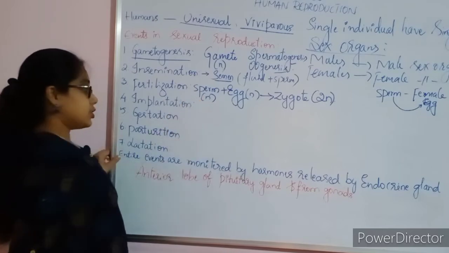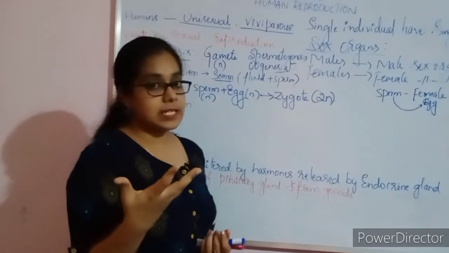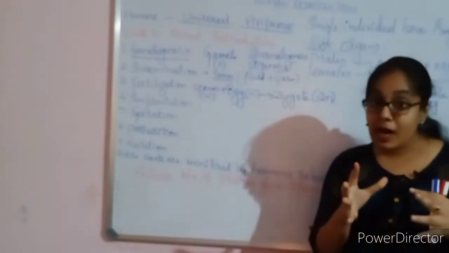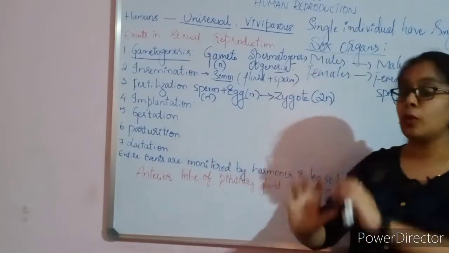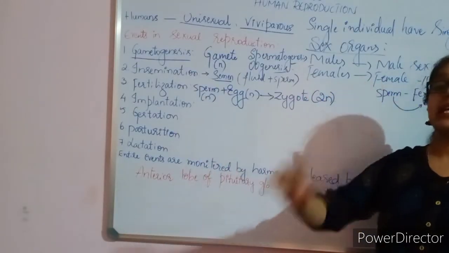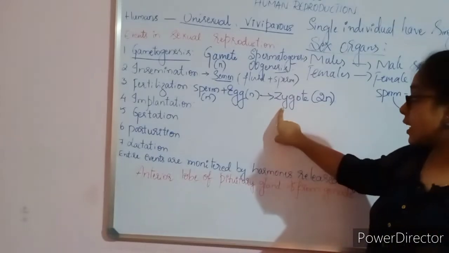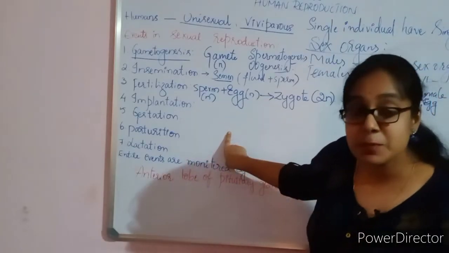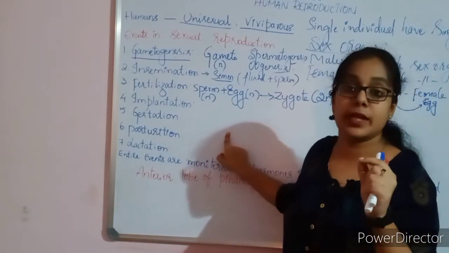Coming to implantation. Now, the fertilization process has been completed. Zygote formation is also completed. But now this zygote has to develop into an embryo. The embryo next will develop into a new individual. Before that, this zygote has to reach the uterus, that too the endometrium part of the uterus.